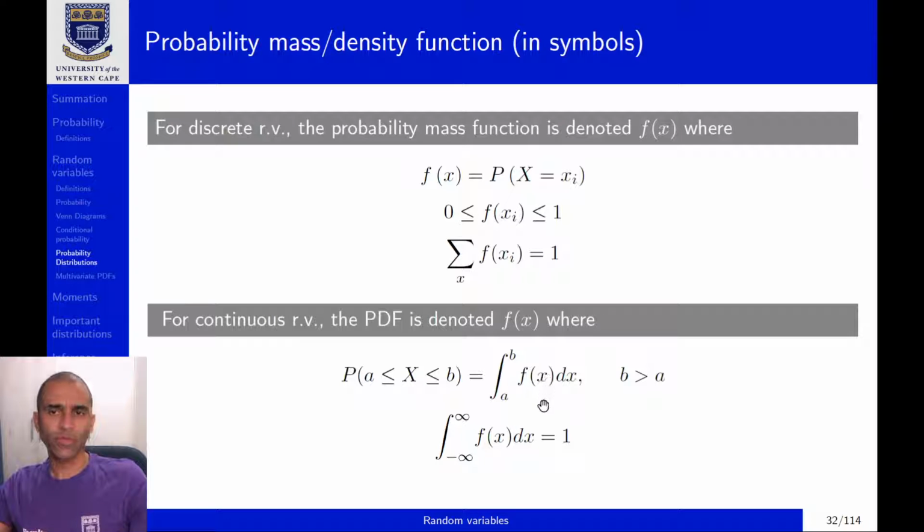So integrate the continuous function over the range a and b to find the probability that X falls in that interval. And when you integrate over the entire range of the function, you end up with the value of 1.